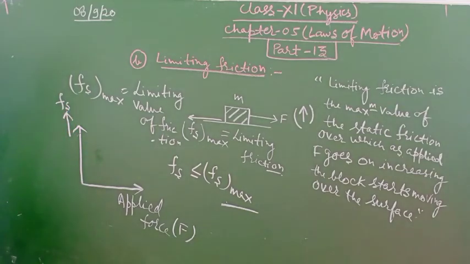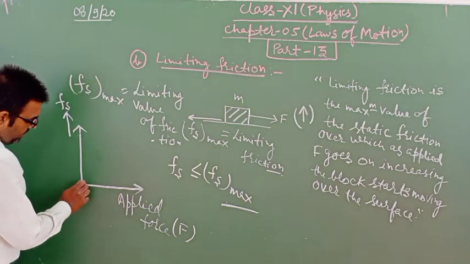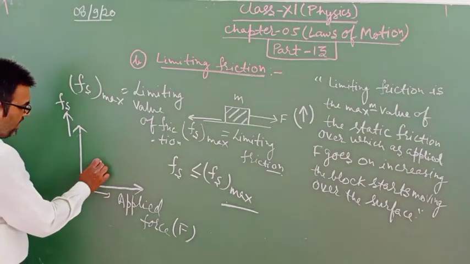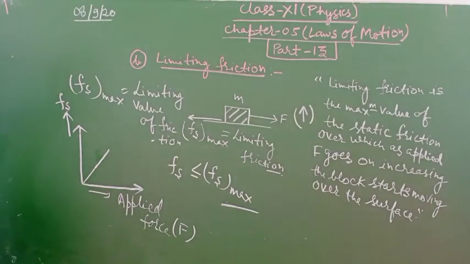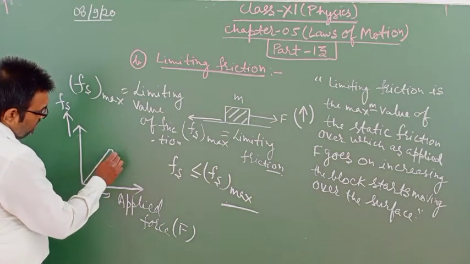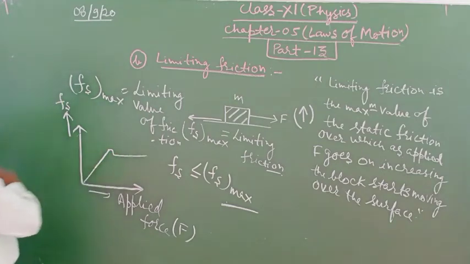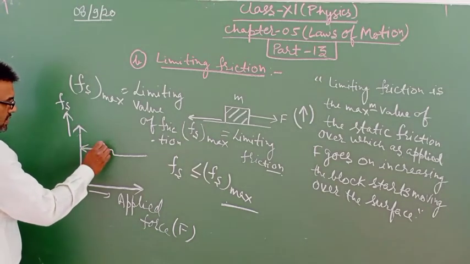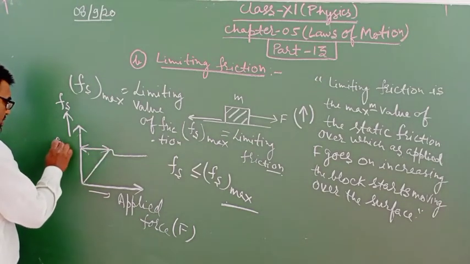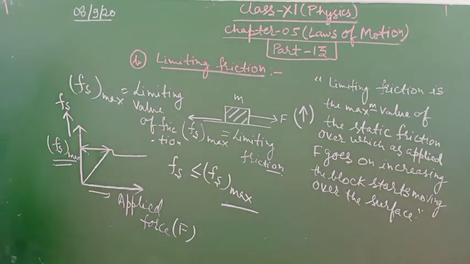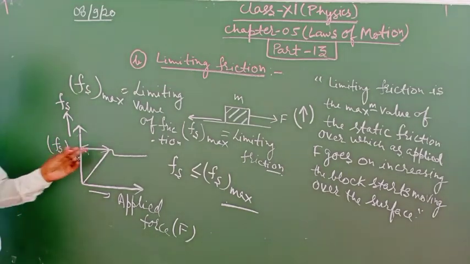Then, as the applied force is increased, the static friction is also increased, and at a certain value it is maximum, and after that it becomes constant. This value is called Fs max, or the limiting value of friction.